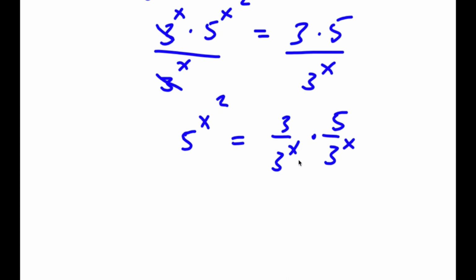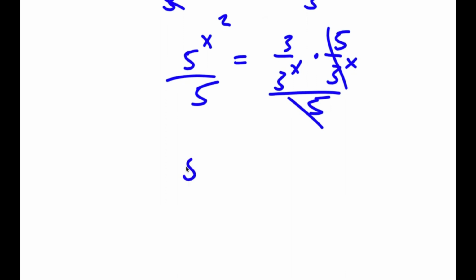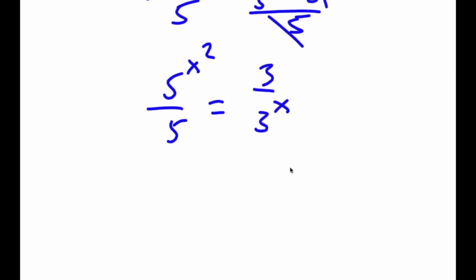Now I'm going to go ahead and divide both sides by 5. So then these two cancel out, and I would be left with 5 to the power of x squared over 5 is equal to 3 over 3 to the power of x.